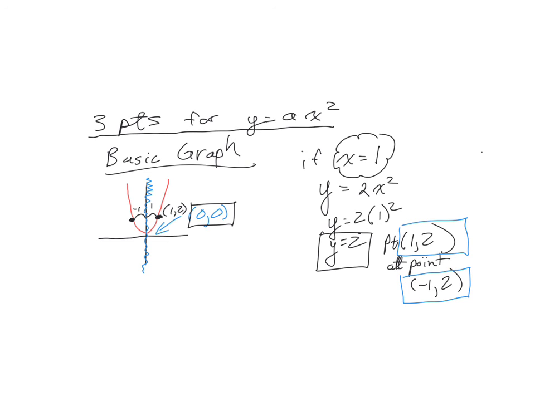So if I have -1 for my x, my alternate point will be -1, 2 on my other side. Which means this is -1, 2. So that's how you get your 3 points.